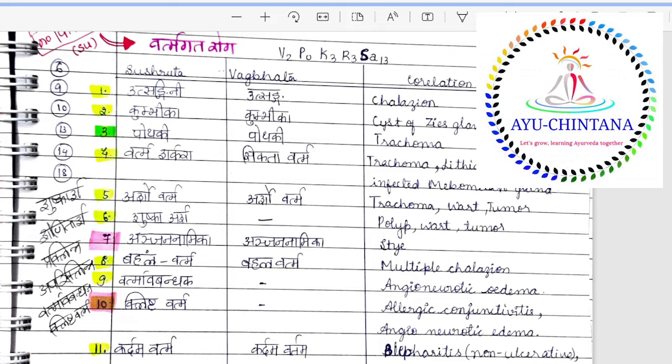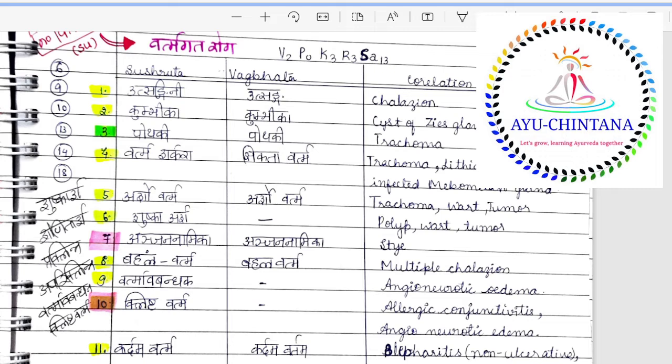This is very important. Because in Shuklagata and Sandhigata, we mentioned that there are no Vatagata Vyadhis, right? Even in Krishna Gata Rogas, there are no Vataja disorders. Here in Vartma Gata, Vataja is present but Pittaja is not present.